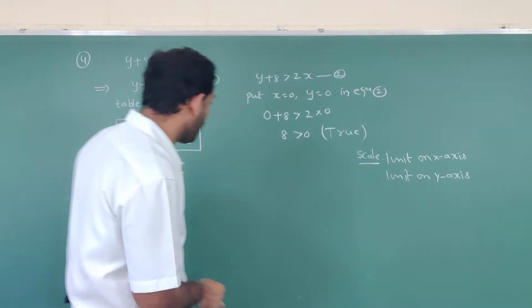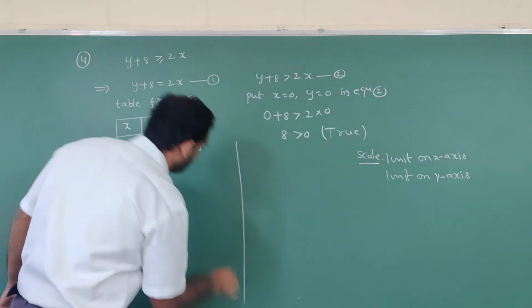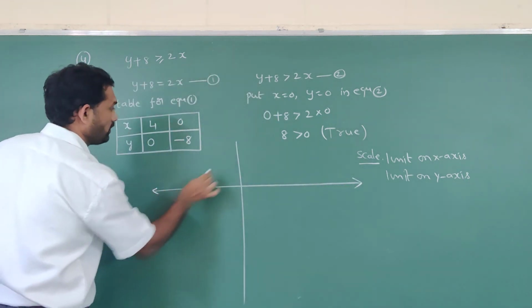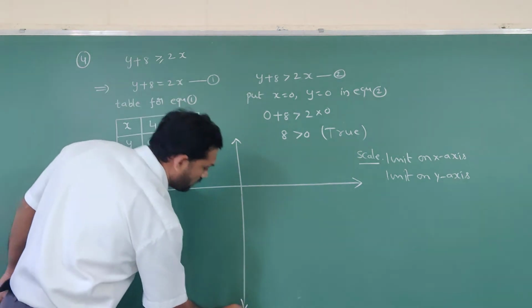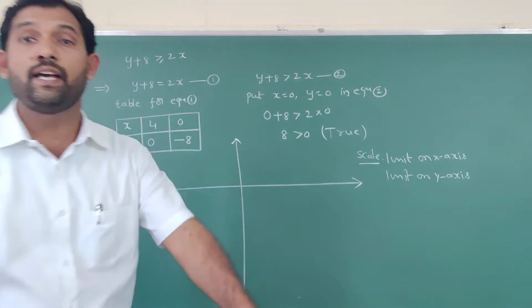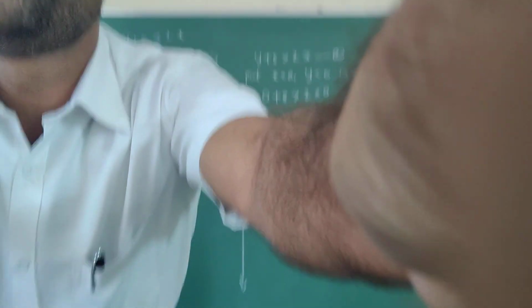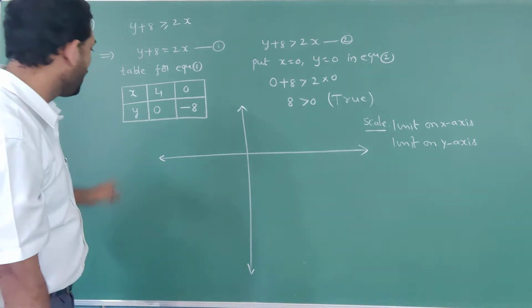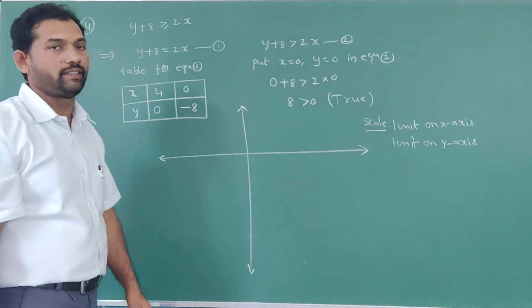Next, coming to the graph, x-axis, y-axis. Y has been given more negative values. That's why I took it like this.